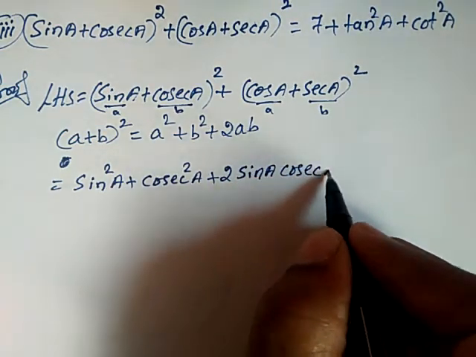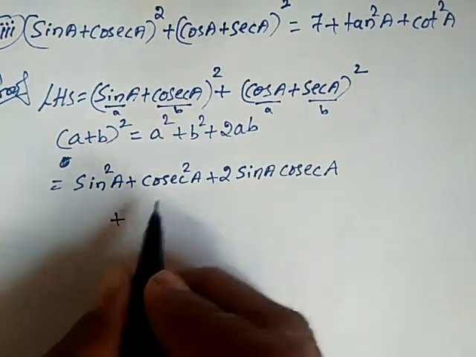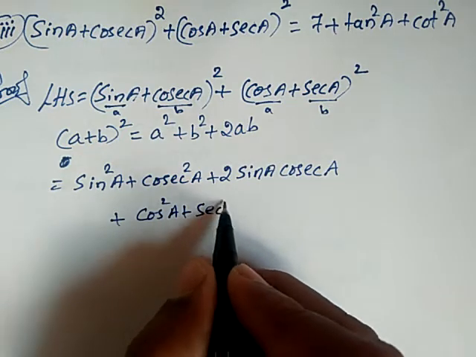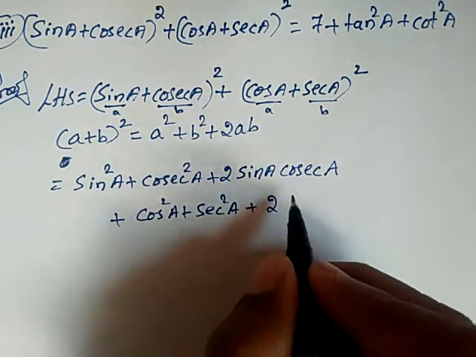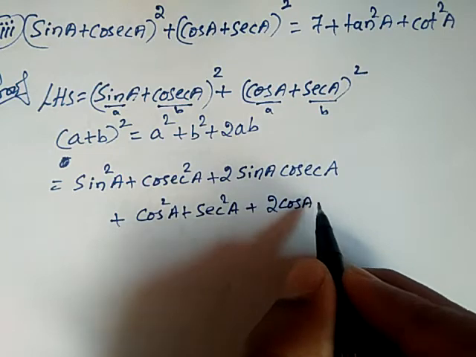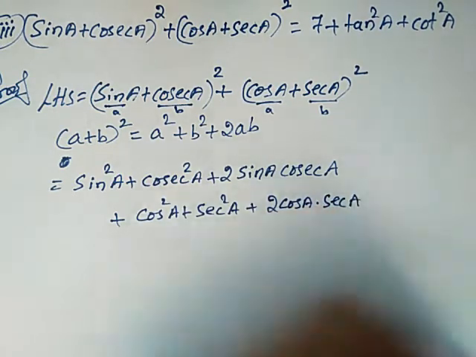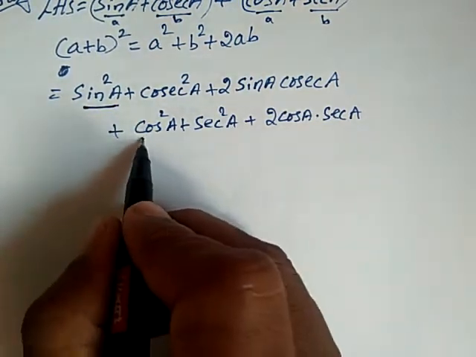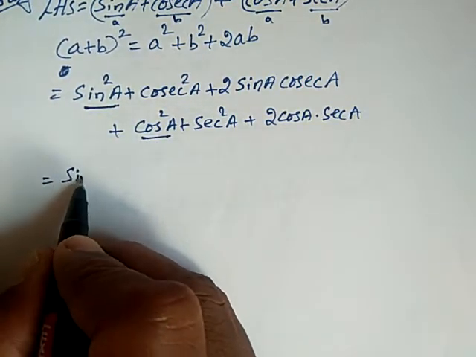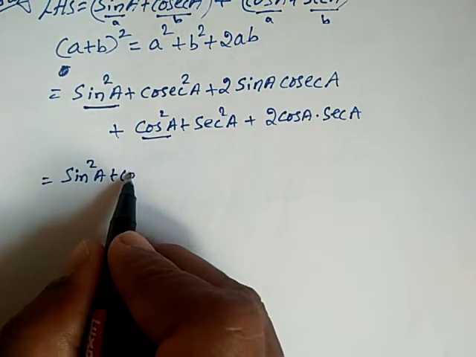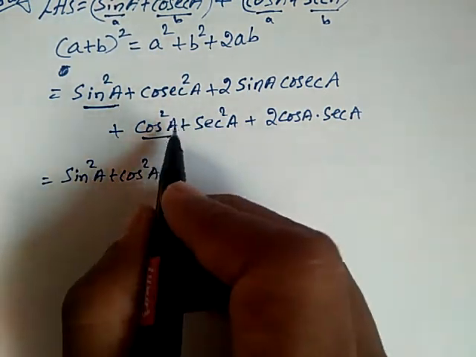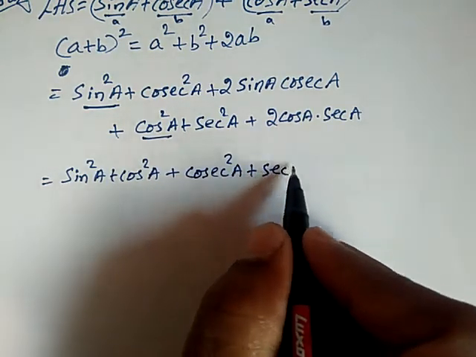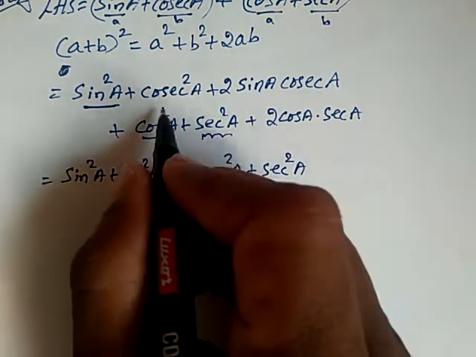Plus a square is cos square a plus sec square a plus 2 into a is cos a into sec a. Now you can put the terms on one side: sin square a plus cos square a on one side, plus cosec square a plus sec square a on one side.